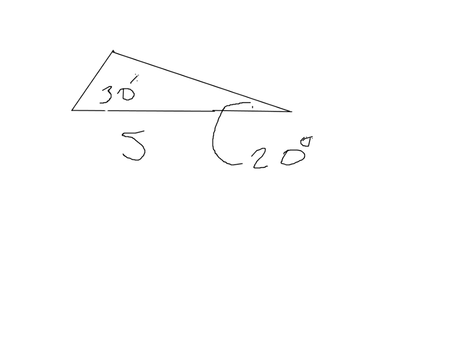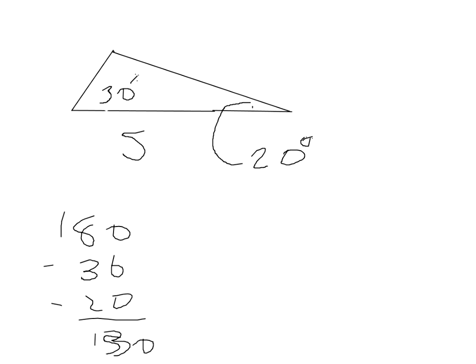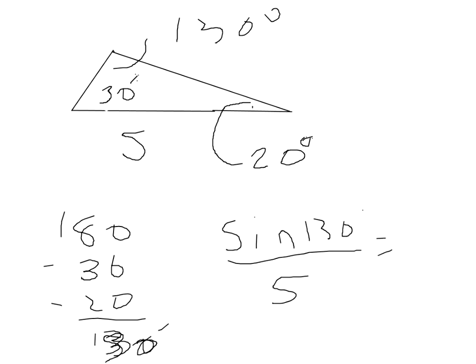So I actually have all of the angles, because if I take 180 minus 30 minus 20, I get that the remaining angle is 130 degrees. Now, using the law of sines again, I get sine of 130 degrees over 5 is equal to sine 30 degrees over x.